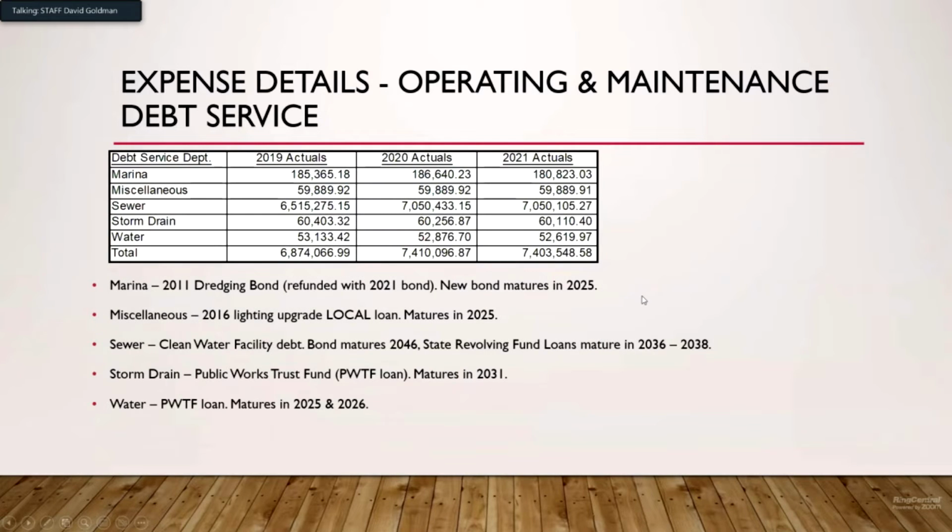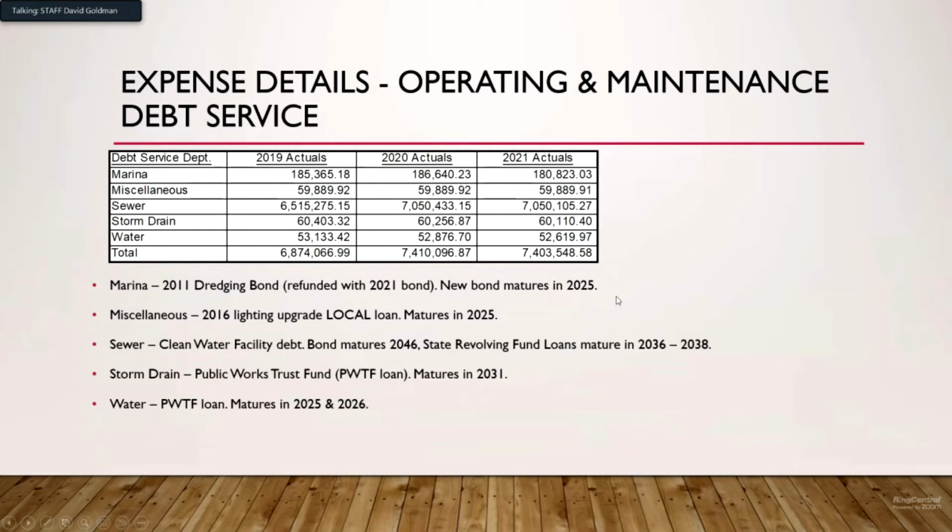Debt service. So in 2011, there was the dredging bond that was taken out for the marina that was refunded with the 2021 bond. So the new bond that was taken out in 21 will mature in 2025. So you'll see that the actual debt service expenses for the marina will be higher than these numbers in the next 4 years, but then it'll be paid off.